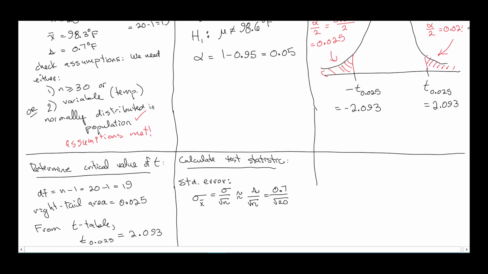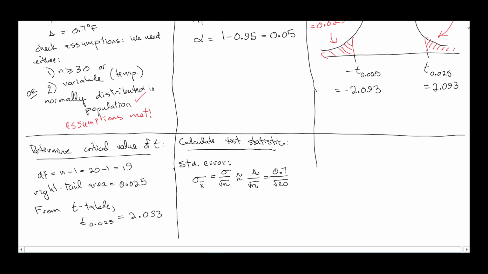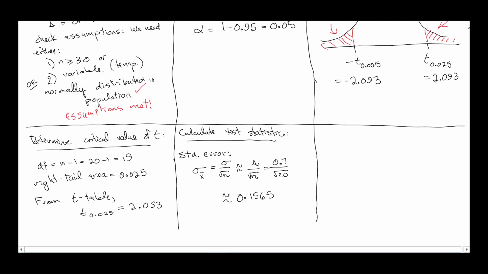And then that should turn out to be approximately 0.1565. Now, I usually store this in my calculator so that I can use it in the test statistic calculation. That's going to be my denominator in my test statistic calculation.